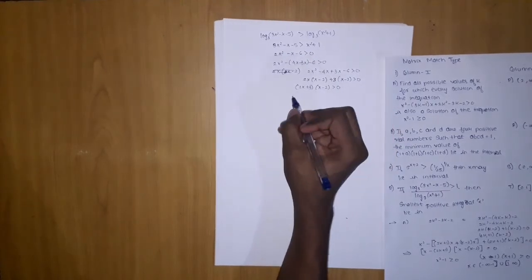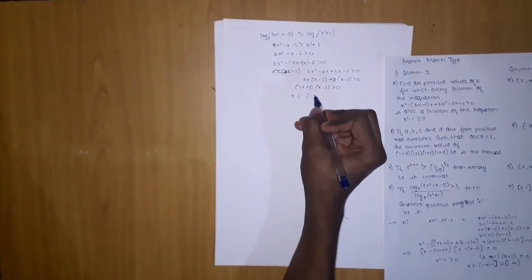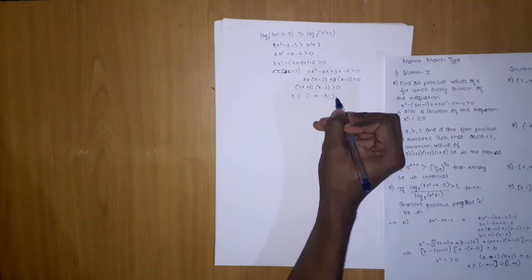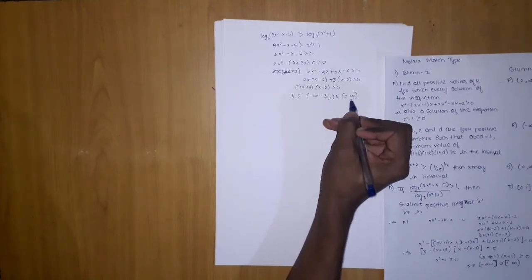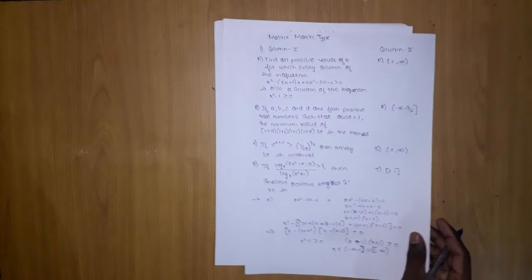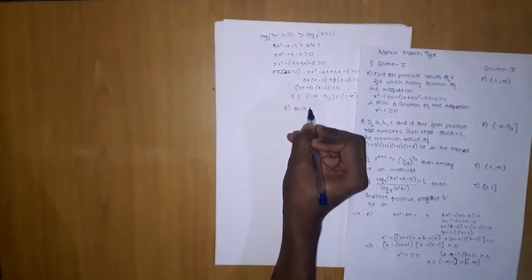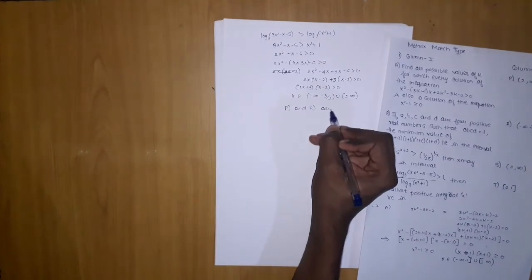Now x belongs from minus infinity to minus 3 by 2 union 2 to infinity. So what are the answers? P and R are the answer, because 2 to infinity and minus infinity to minus 3 by 2. So P and R are the answer.